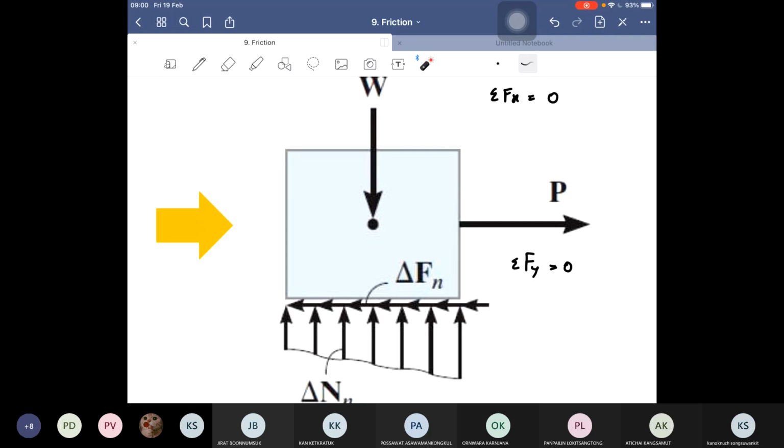For the x-axis, we have the force P and the friction that resists this force. So P minus delta Fn equals 0. Assume that this delta Fn represents all the friction force.